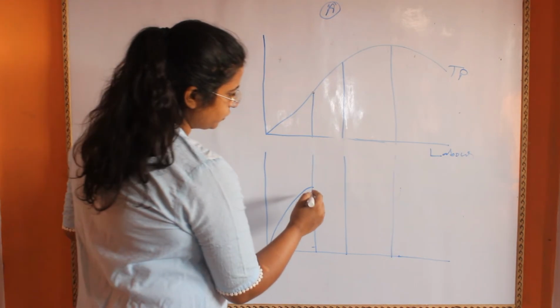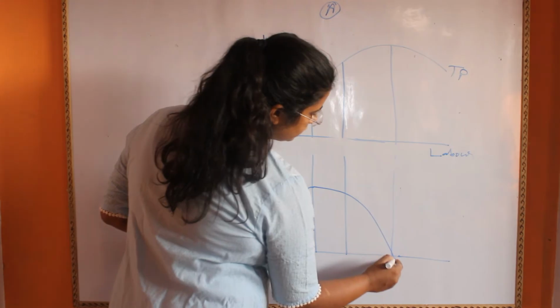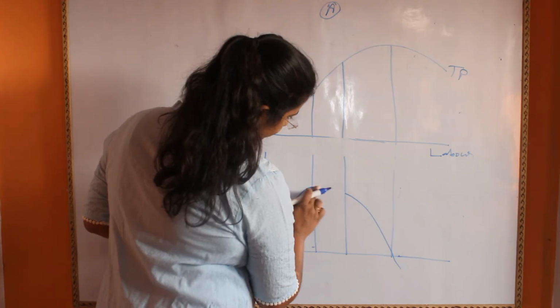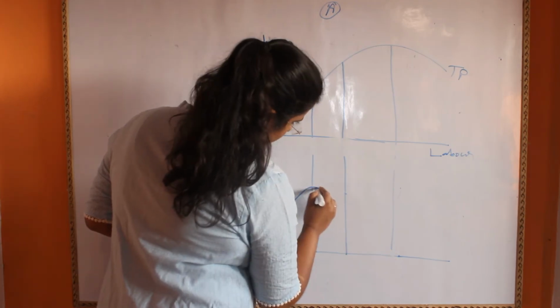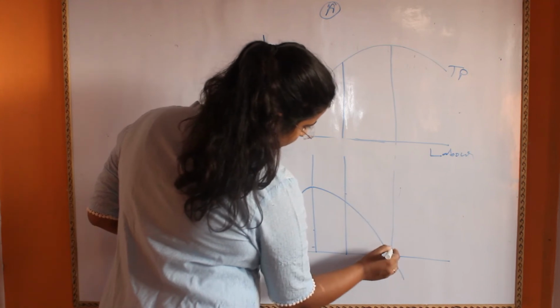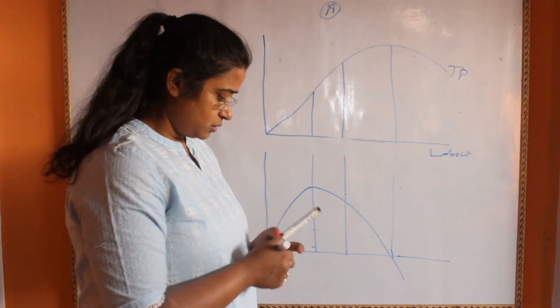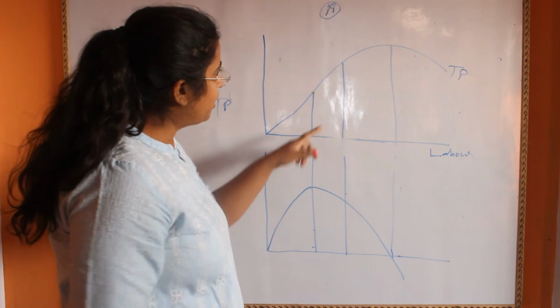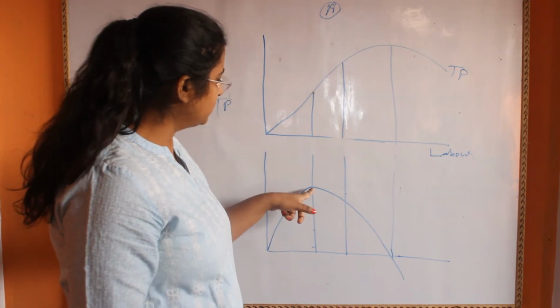After this point, what will happen? The marginal product will start declining. You got it? The marginal product starts declining after this point.